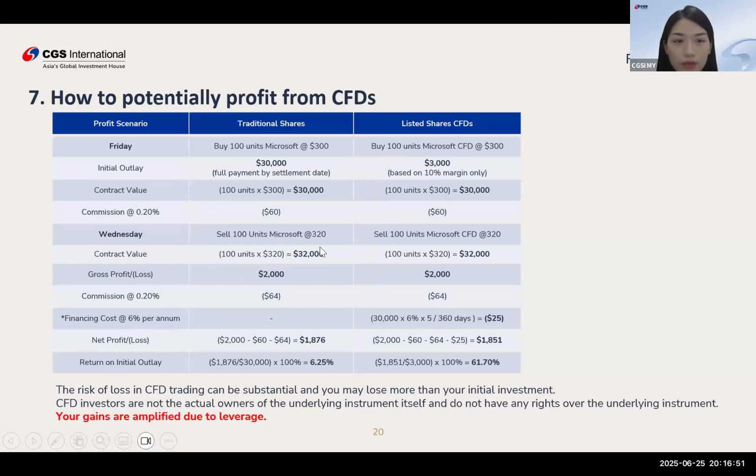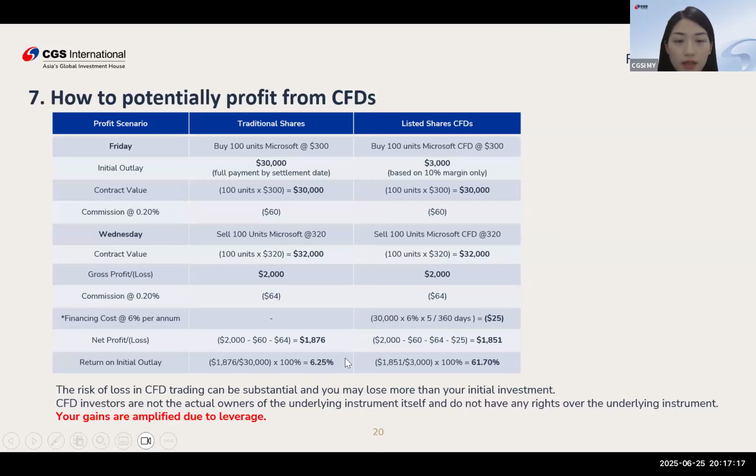So when you come to net profit, with traditional shares you get 1,876. Whereas for listed share CFD, because you need to deduct another $25 of financing fee, your net profit is 1,851.